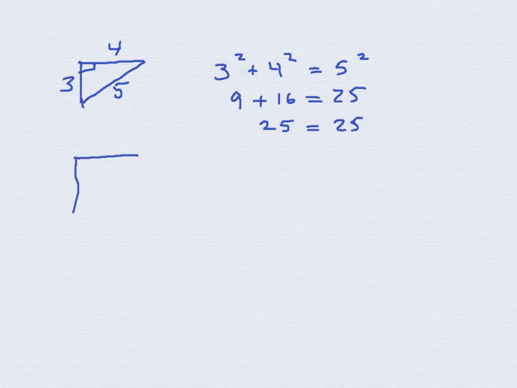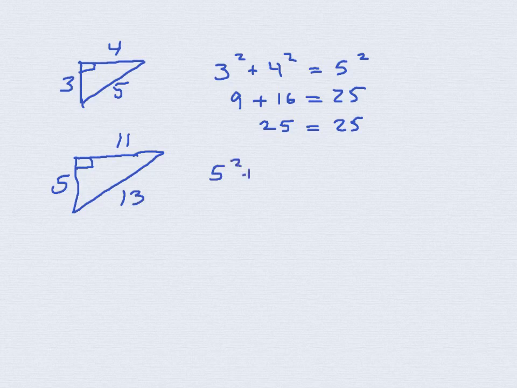If I give you another one, say this time, grossly not to scale here, but say we have a right angle triangle here. We have a 5, an 11, and a 13. We want to know, is this a correct triangle?